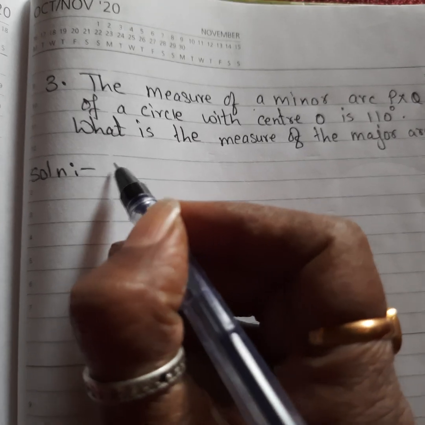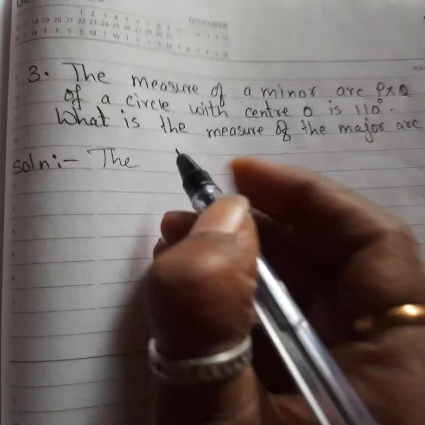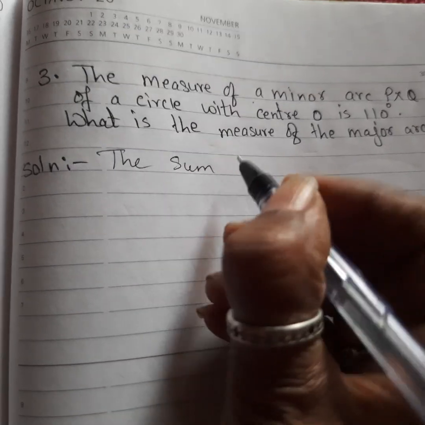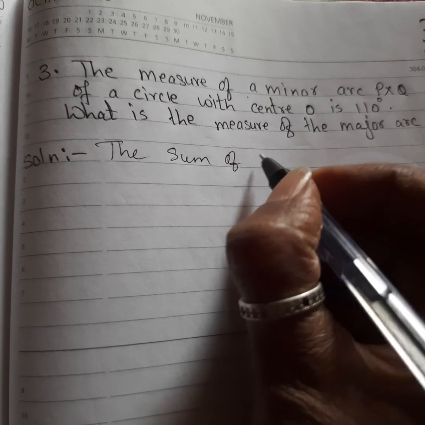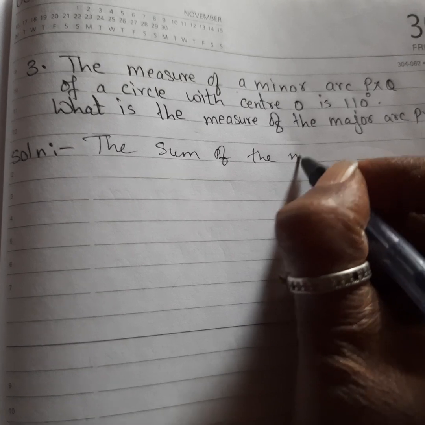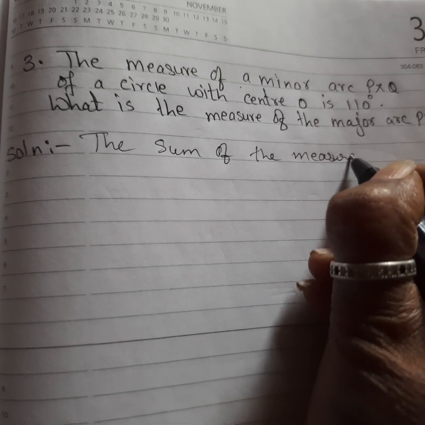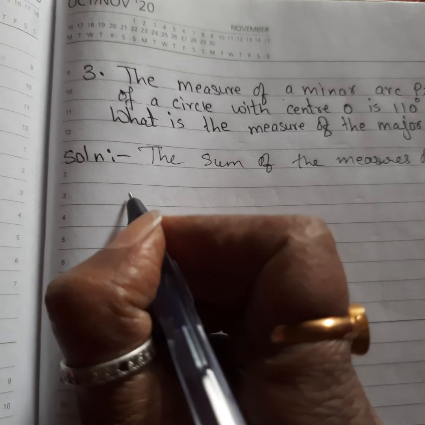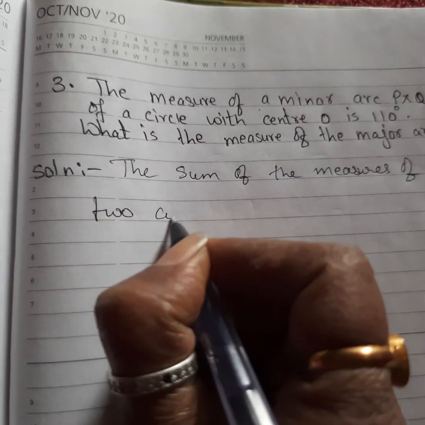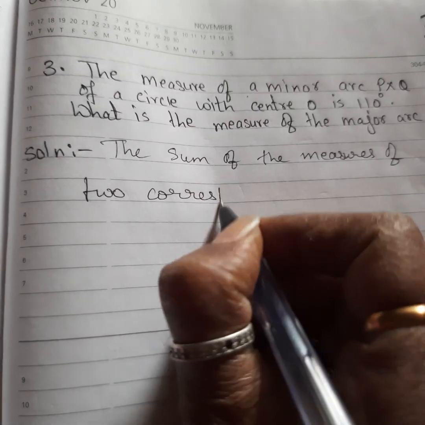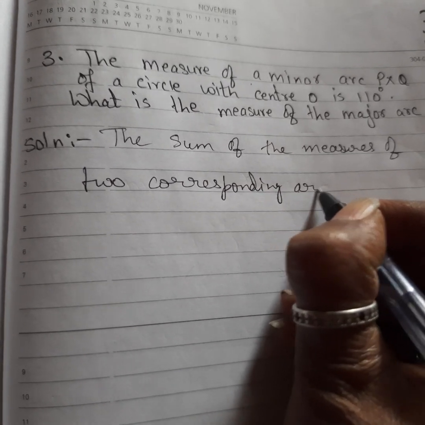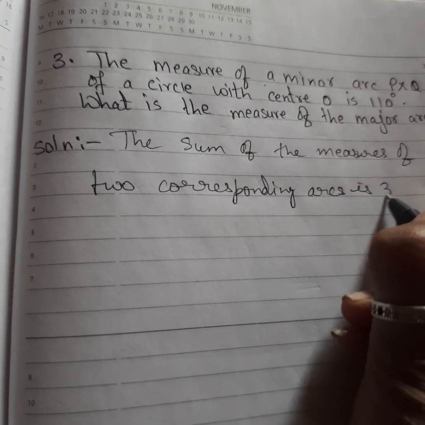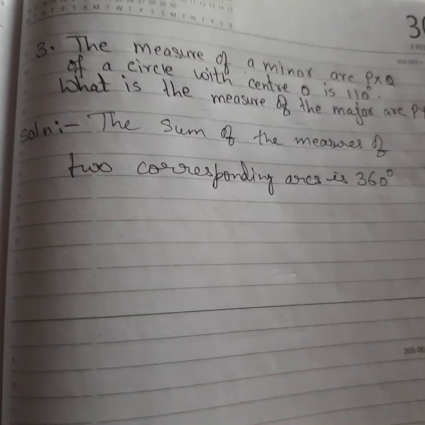First we'll write the statement: the sum of the measures of two corresponding arcs is 360 degrees. Handwriting is changing, children, because I have to hold the mobile.